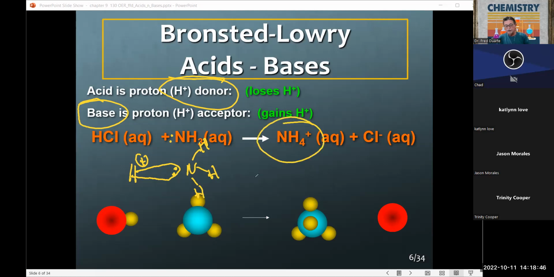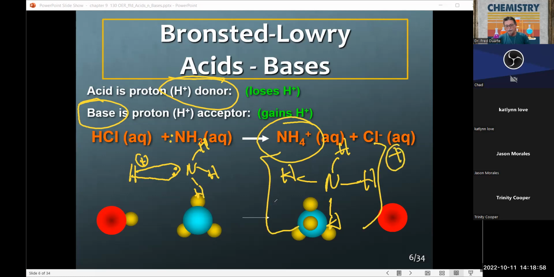Specifically, we did the Lewis dot structure for the ammonium ion. Remember that one? Where we had 4 protons around it, and we did the bracket and the charge, okay? And so the ammonia here acts as a Bronsted-Lowry base because it's accepting that proton and neutralizing it by taking the lone pair of electrons and creating a bond with that proton, to form the ammonium, to form a salt.